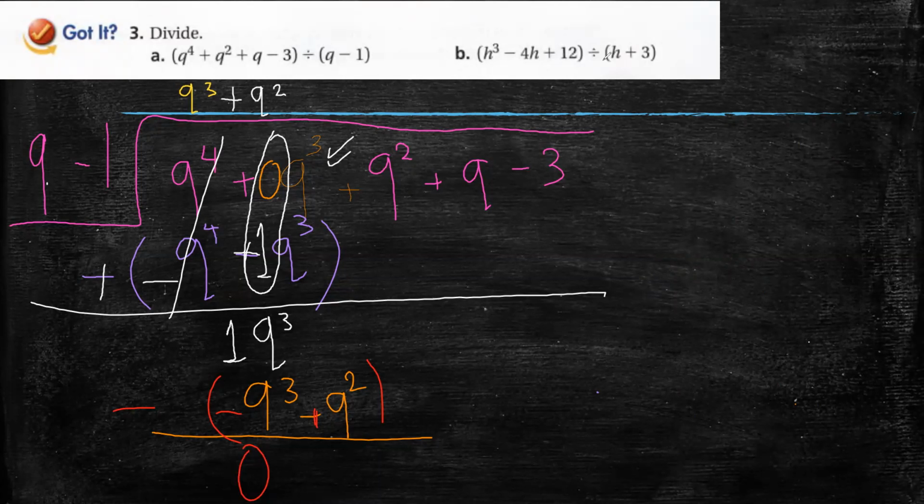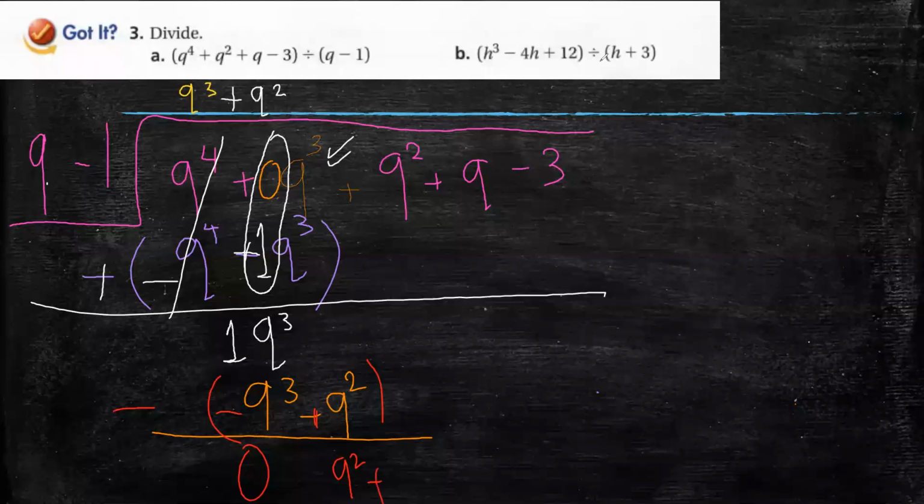Now when I have this q squared, I have to check up if there's a q squared up here. Yes, teacher, this one. So I will add this q squared here.